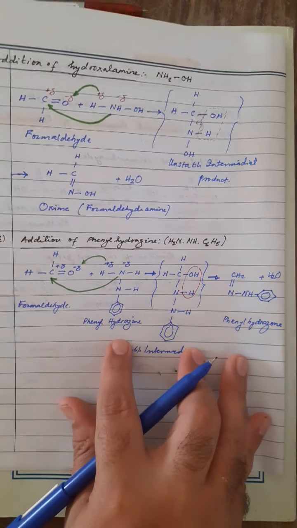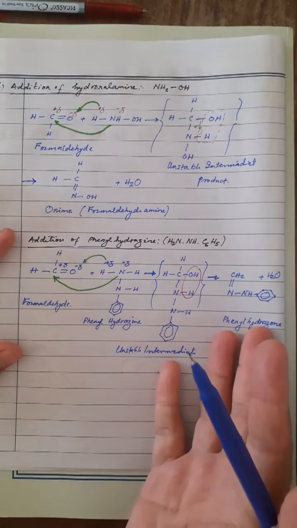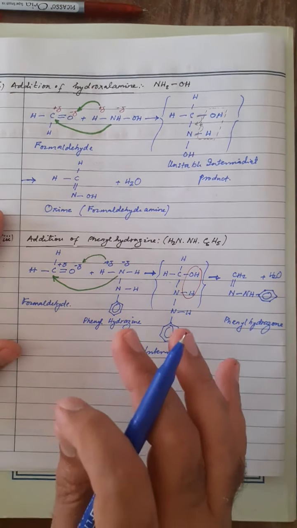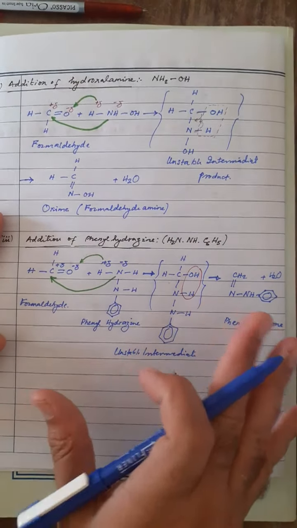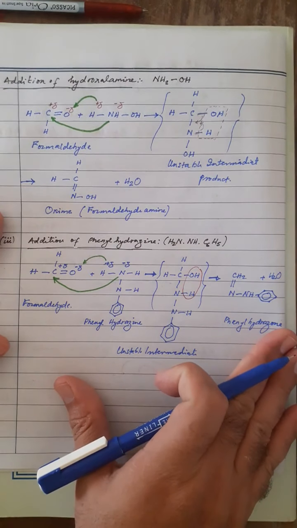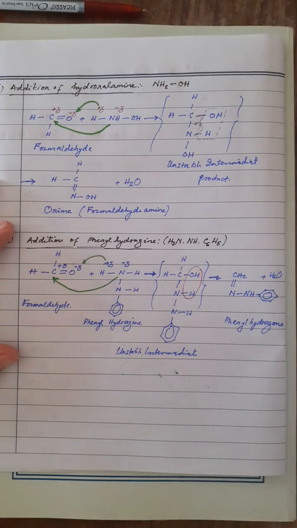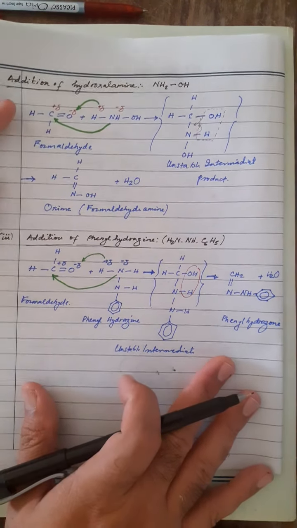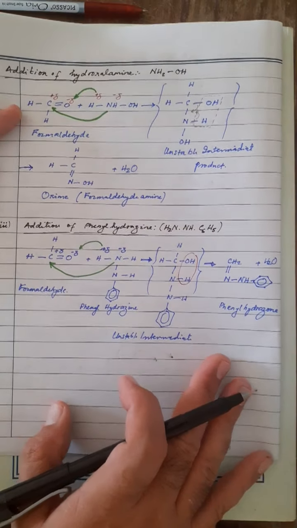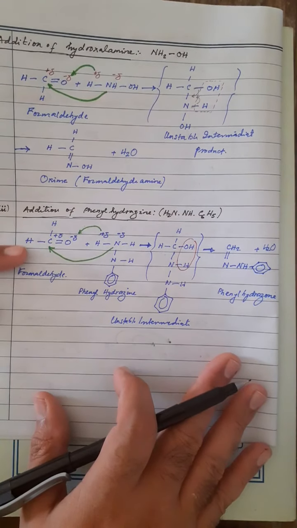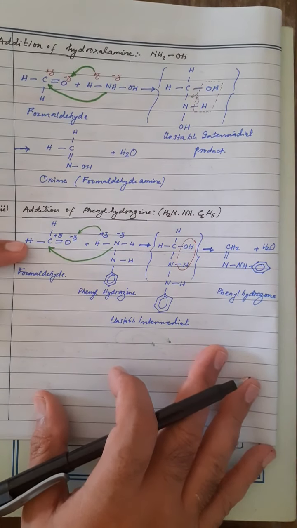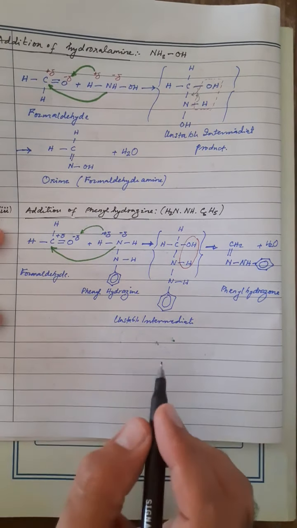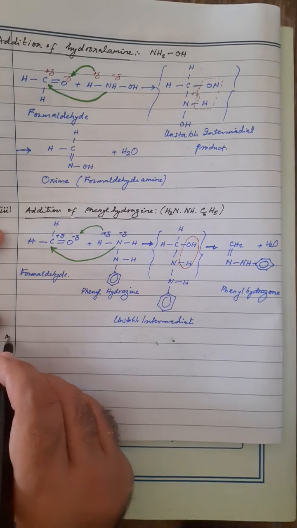This is how you can convert it. If your equations are fancy, the one who will check your copy will obviously understand that you understand the process. So addition of hydroxylamine, addition of phenylhydrazine to give phenylhydrazone, and the fourth one is the addition of alcohol.